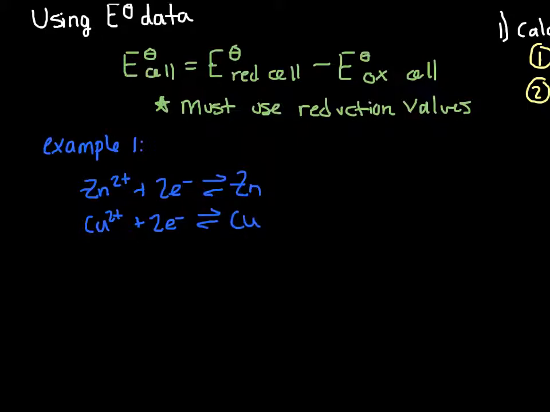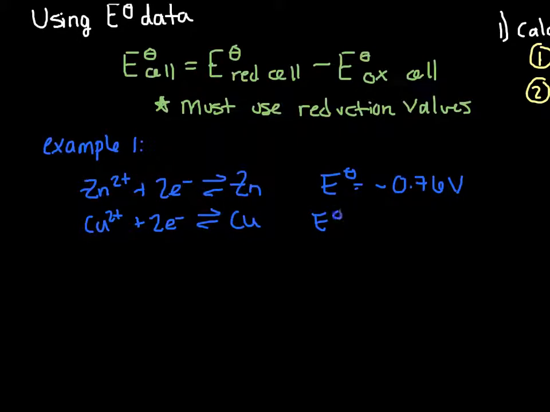We don't know who's being oxidized and who's being reduced unless you go to the reactivity series from 9.3, or you go to table 14 in your data booklet, and you can see that zinc has an E theta value, or an electrode potential difference, of negative 0.76 volts.